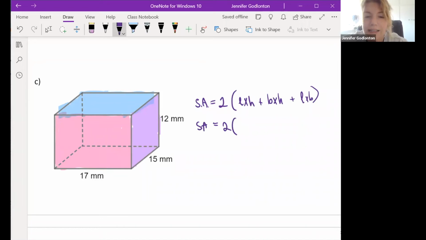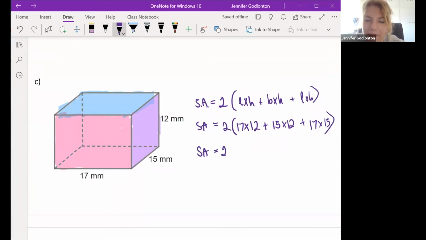Okay, so I'm just going to write in these numbers. 17 times 12 plus 15 times 12 plus 17 times 15. Perfect.